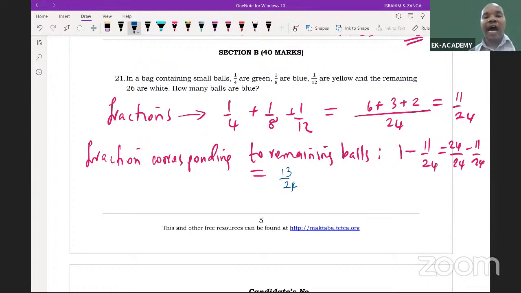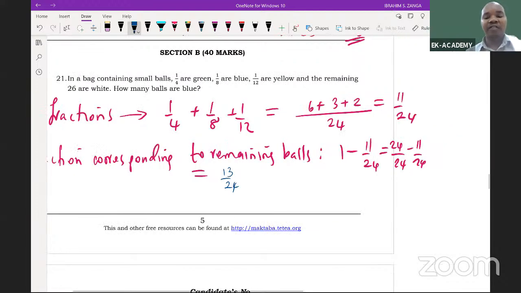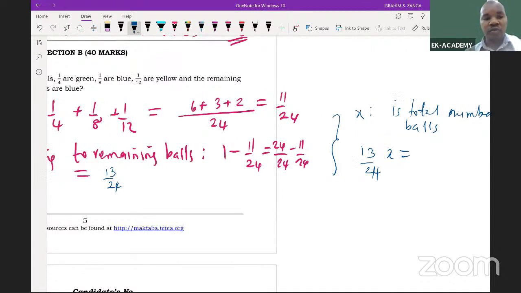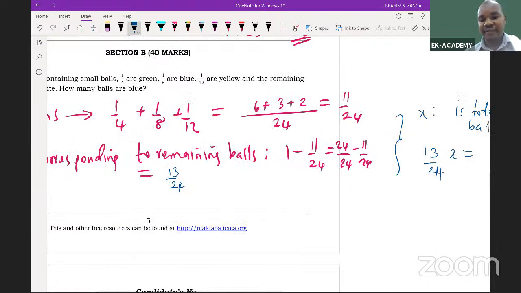Okay, now how many balls are blue? So we have to find now a total number of balls first. So if X is total number of balls, we can say that 13/24 X equals 26.